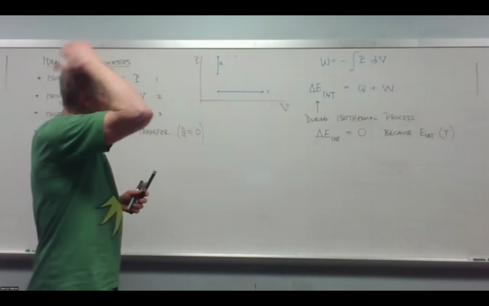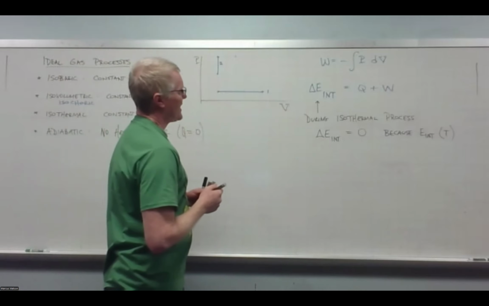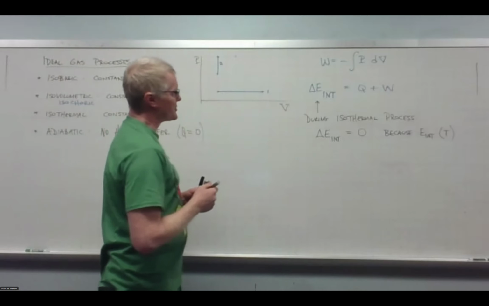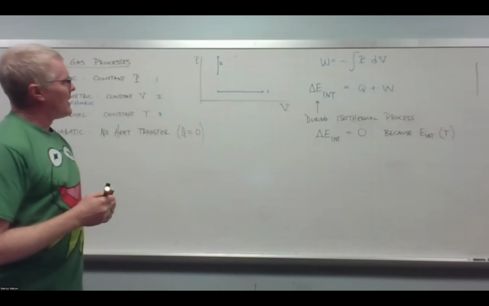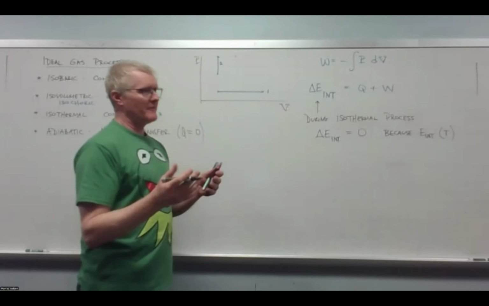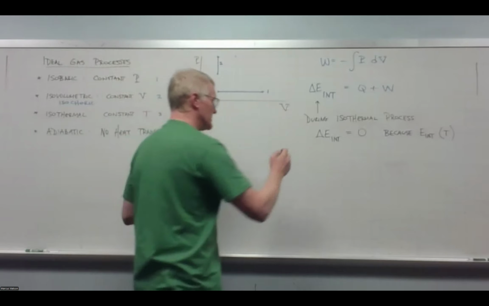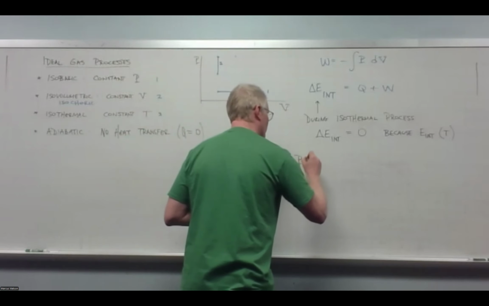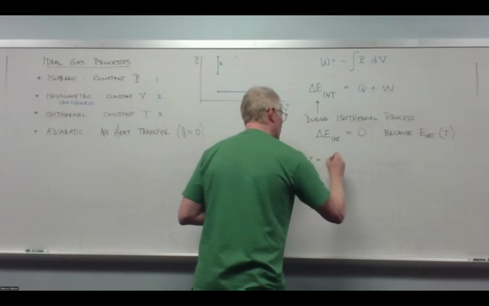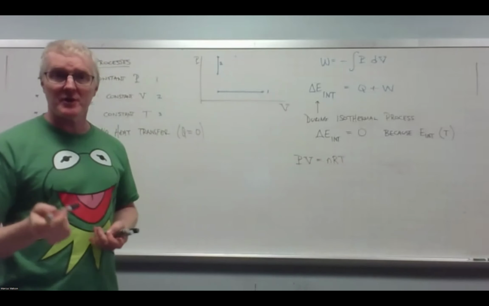And what that means is that when I think about the energy remaining constant, what I can do is say, well, if I have a T that remains constant, and I look at the ideal gas rule, I'm asking what is the pressure as a function of the volume?